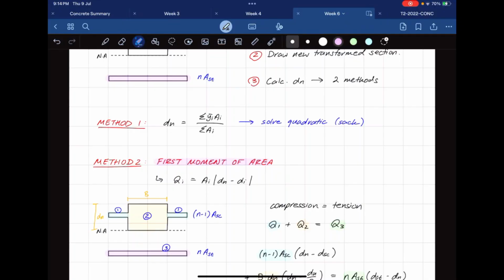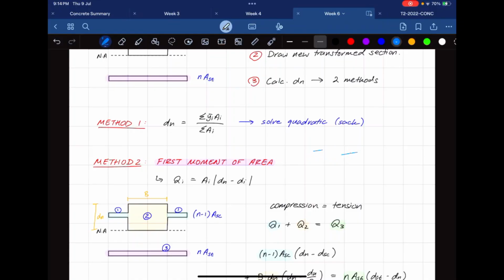Do you know what first moment of area is, Jen? Oh, I think so. I think you guys briefly looked at it in shear. Yeah, like shear stress is equal to VQ over something I. Mhm. Yeah, something like that.